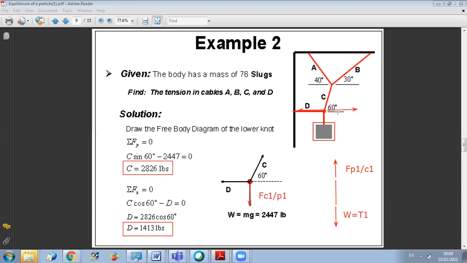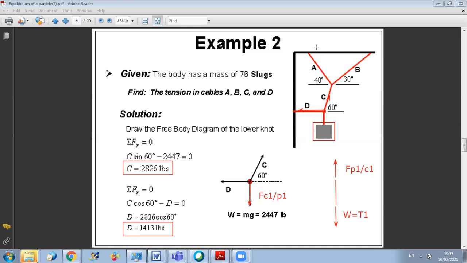So by action-reaction, I take the opposite. And cable 3 will act on the point towards the cable, upward. So now I have the representation of the three forces acting on the point, and I am ready to apply the equilibrium relations.